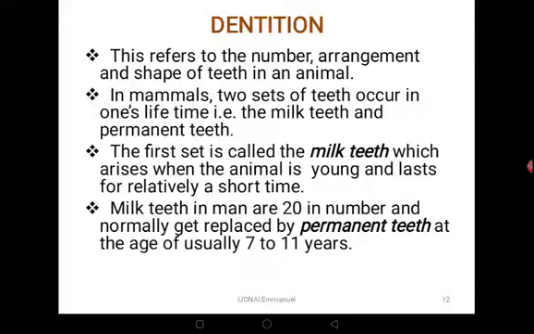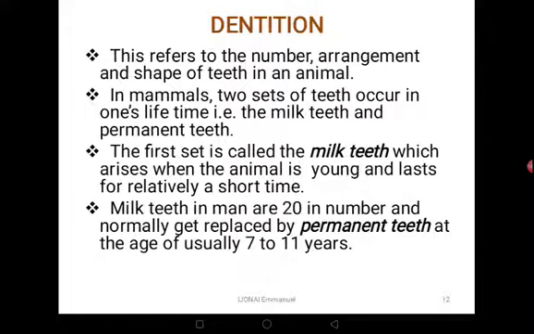Well, in mammals, two sets of teeth occur in one's lifetime. That is to say, the milk teeth and the permanent teeth. And I know by now you must have lost all your milk teeth, or at least you are about to lose all of them, and then they will be replaced by another set of very strong, powerful, and very beautiful permanent teeth.